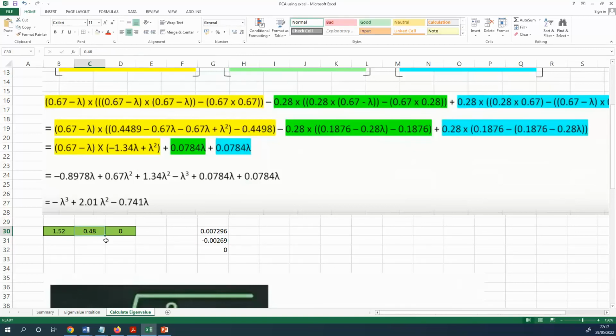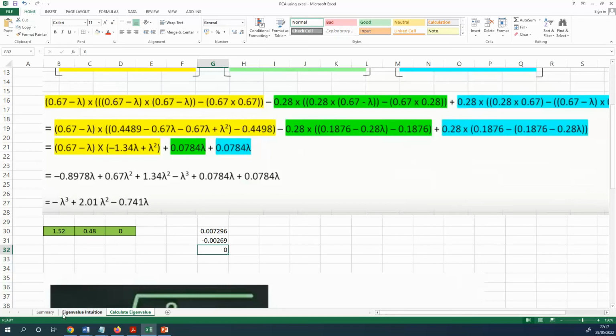And then 0.44 for lambda 2, where the result will be 0 as well. And 0, where the result will also be 0. So we identify the eigenvalues of the covariance matrix.